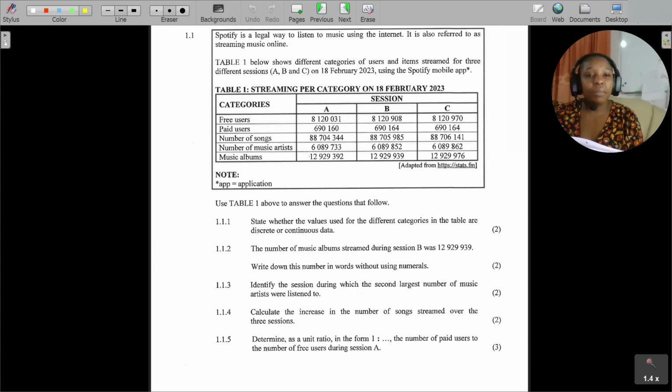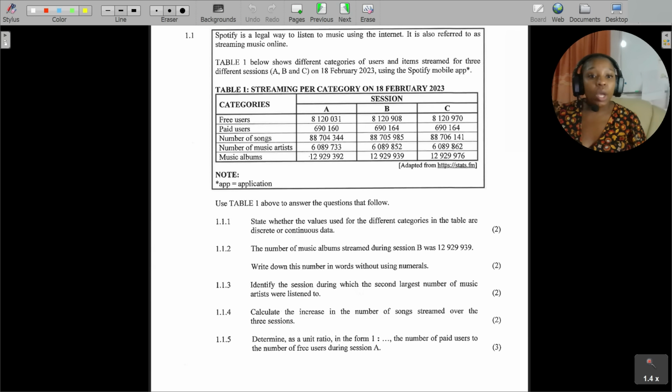There's a difference between simplified form and unit form, and you need to know the difference when answering these past papers. When they talk about simplified form, your final answer needs to be whole numbers. But if they say unit form, then you can write it as a fraction or a decimal, like 1:2. That's what we need to take note of there.